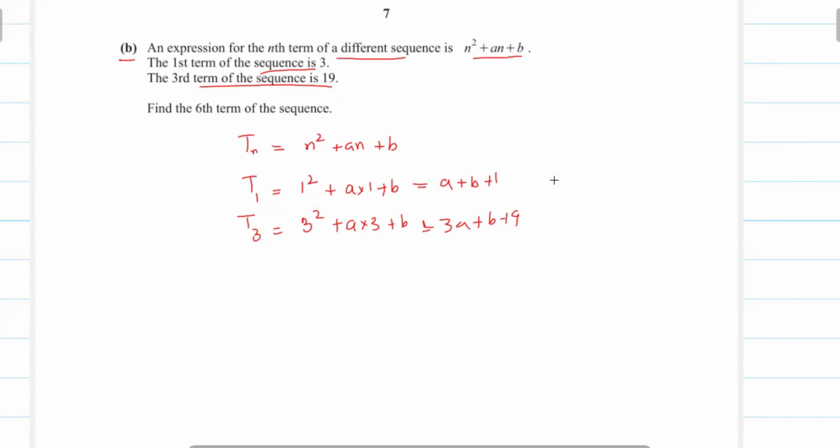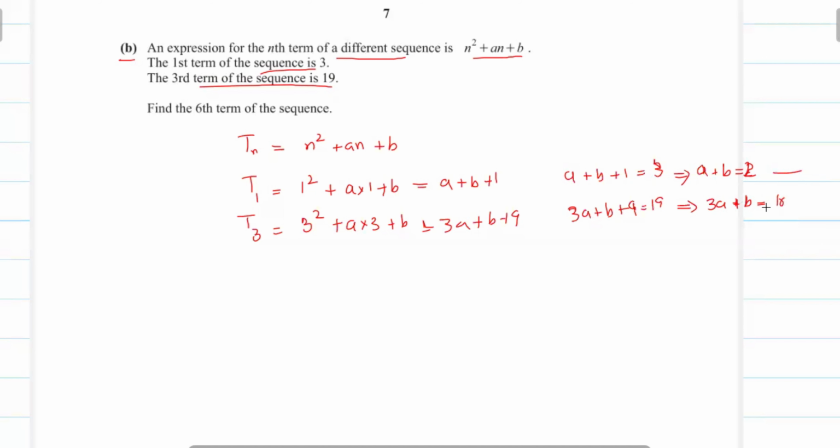The first term, you see here, a plus b plus 1 equal to 3, and this will be equal to a plus b equal to 2, and next is 3a plus b. This 3a plus b plus 9 equal to 19, because the third term is 19. Therefore, 3a plus b equal to 19 minus 9, which is 10.